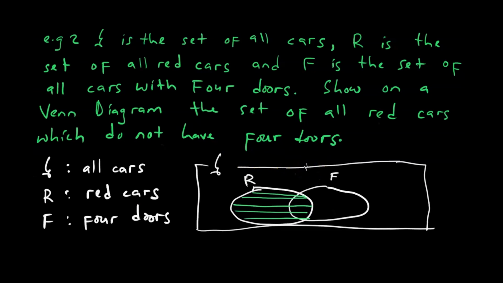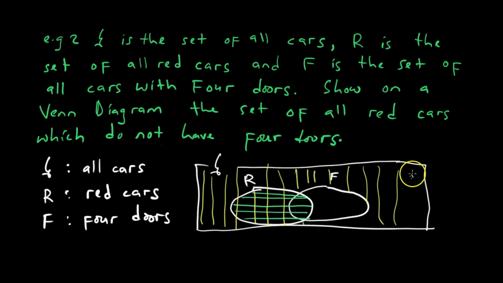So let us now shade the region of everything without 4 doors. Over here of course there are no 4 doors, and over here there are no 4 doors. Like this. But in the intersection there are 4 doors, so we leave it out. Of course inside F there are 4 doors, so we do not shade it. So it's like this.